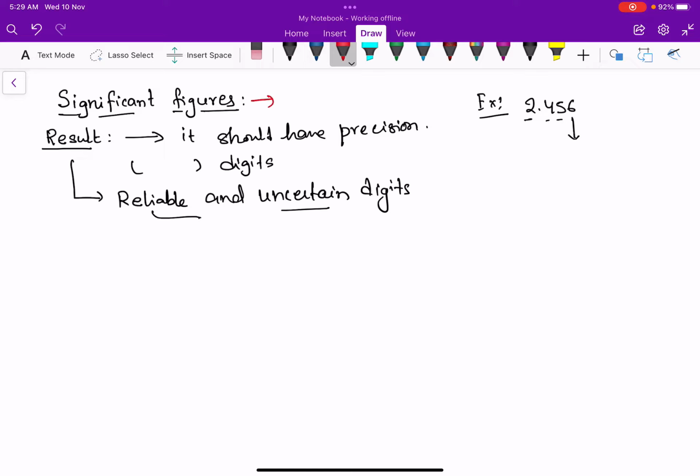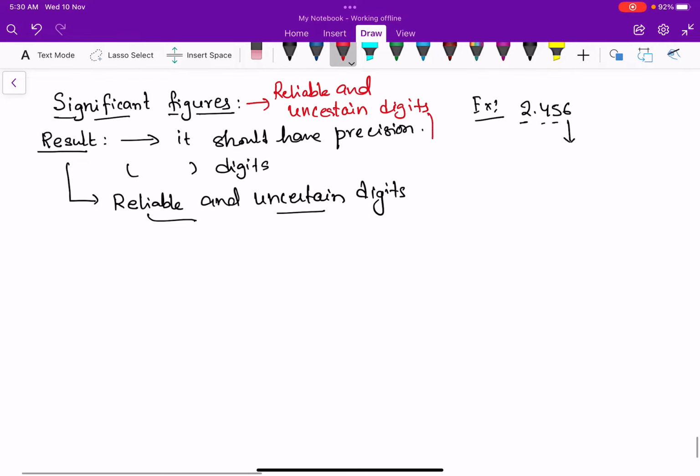So reliable and uncertain digits are called significant figures.